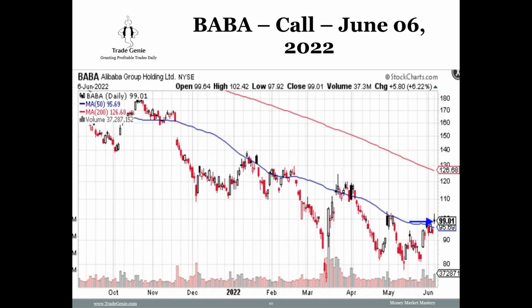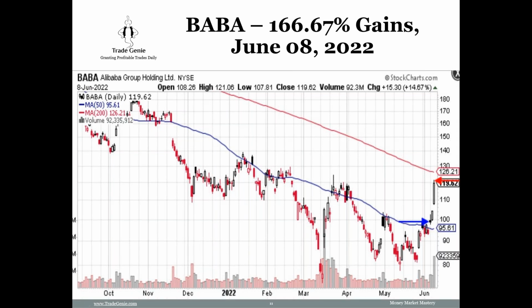Here's a Baba call. Chinese stocks have their own thing: Baba, Baidu, and JD. So you can make a symbol list of your Chinese stocks. Baba entry was at the gap up at 99, and then it rocketed up to 120. So a gain of 166 in 3 days.